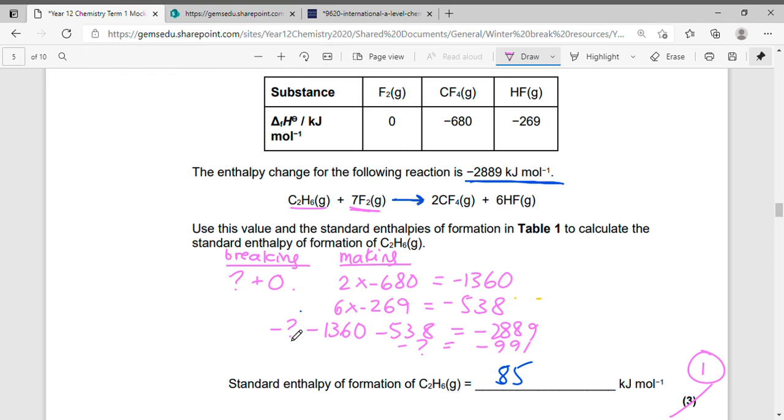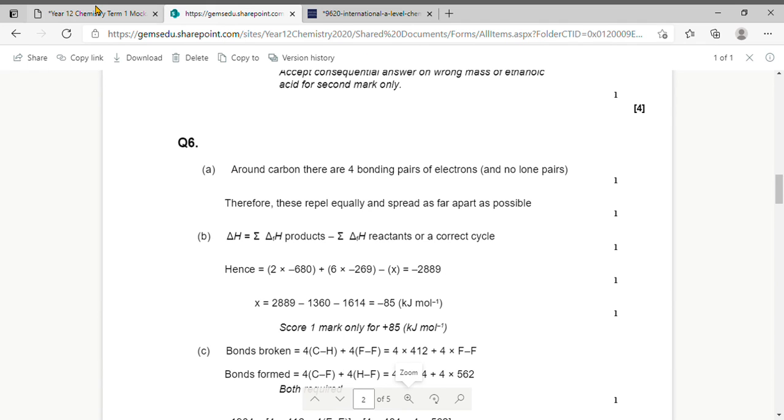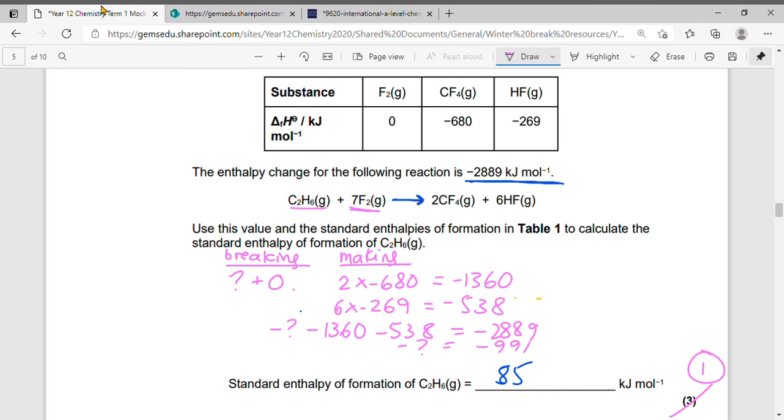So 288.9 minus 1614. Where did 1614 come from? There's the fatal error. 1614 here.